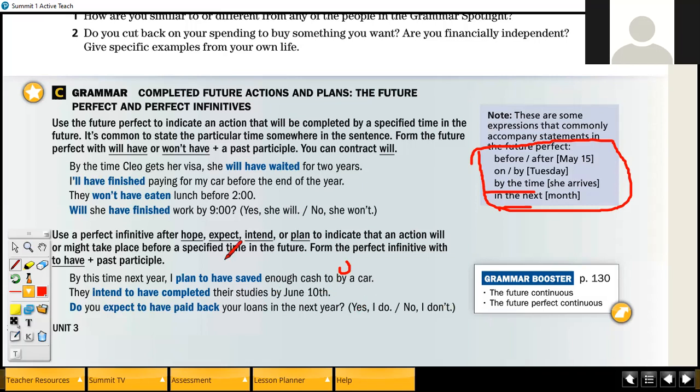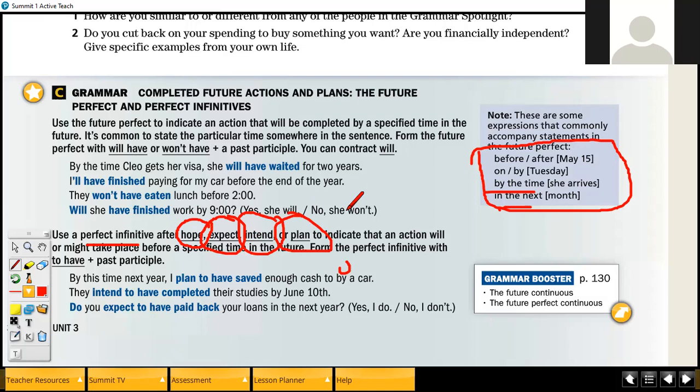Intend es tener la intención: ellos tienen la intención de haber completado. Okay, now just remember that for the perfect infinitive, we use hope, expect, intend, or plan. These are the most common verbs, okay?